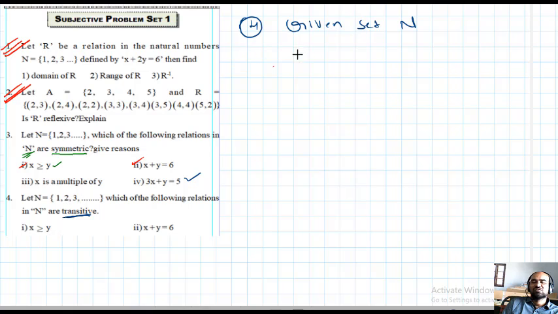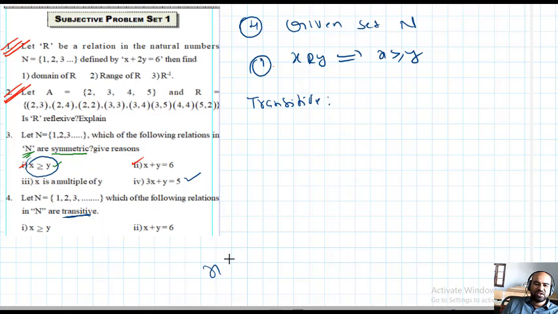Okay, what can I write? Yeah, x related to y implies x is greater than or equal to y. Already we cross-checked, no? X greater than or equal to y is not symmetric, but it is transitive. I will show you. Okay. Checking for transitive.